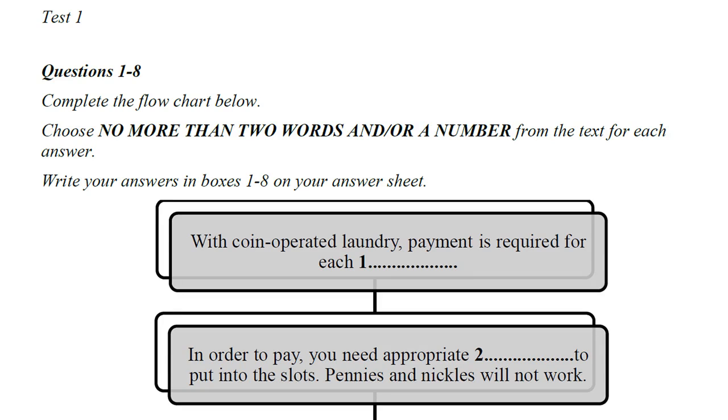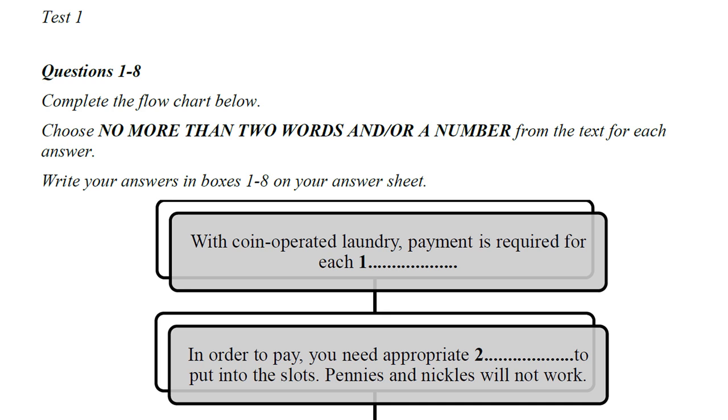Okay, let's look at question 1. With coin-operated laundry, payment is required for each something. Now here, because the word is at the end of the sentence, it's a very good chance that this is going to be the object or the noun of the sentence. So the location of the blank is important. And this answer will be coming from somewhere at the beginning of the passage.